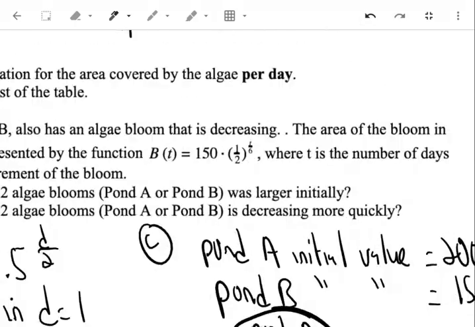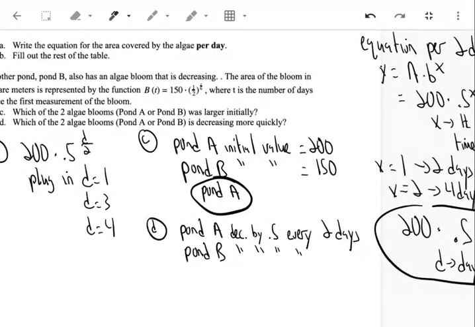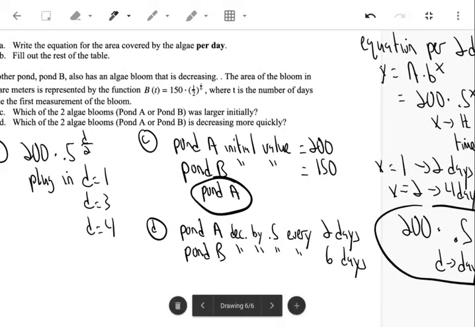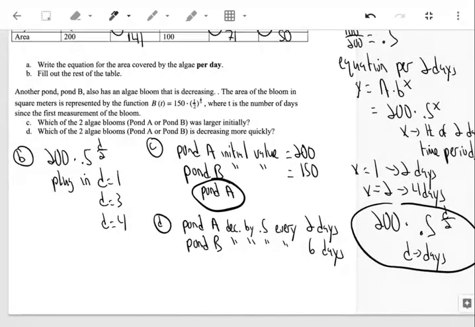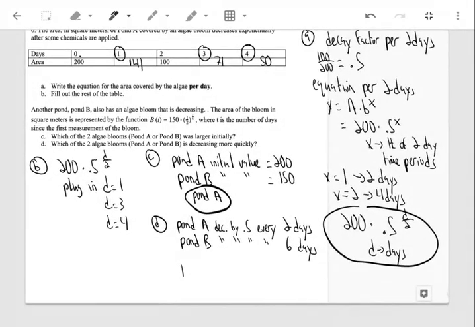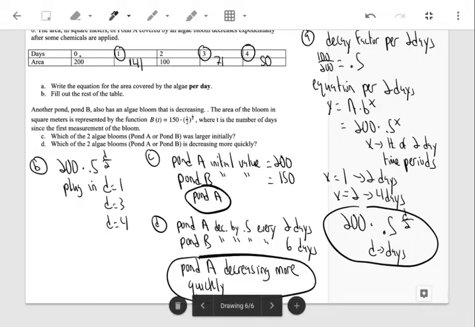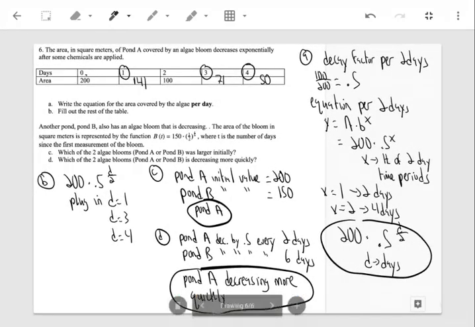So it's decreasing by a half every 6 days. Okay. So pond A is decreasing by a half every 2 days. Pond B is decreasing by a half every 6 days, which means pond A is decreasing more quickly. And that is it for number 6.